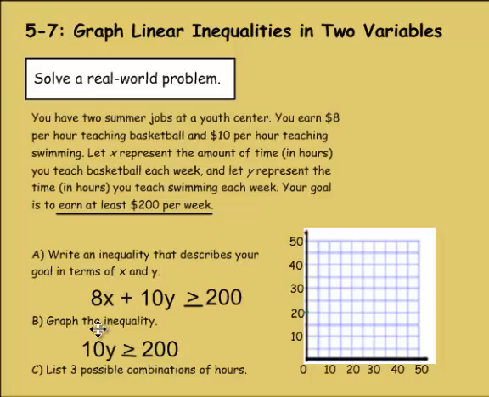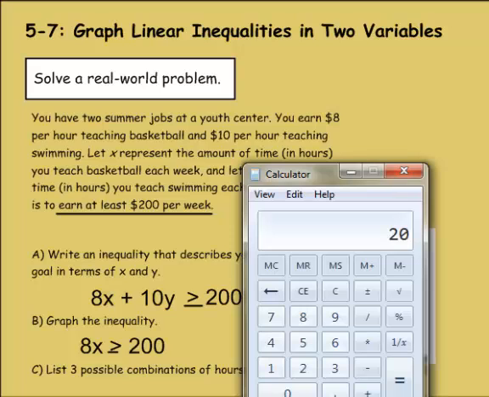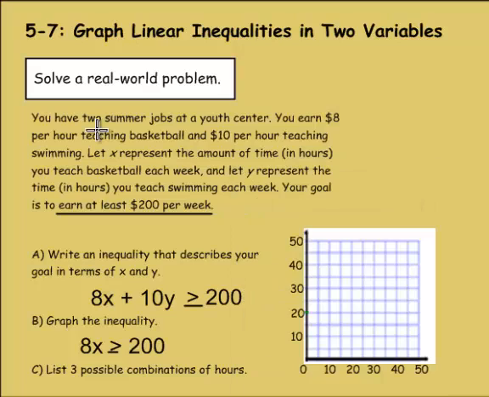Then we could find the x-intercept by making y 0. So we would say 8x plus 10 times 0, which would just be 0, so we'll erase that, is greater than or equal to 200. So I divide both sides by 8, and that'll give me 25. So the x-intercept when y is 0 is 25.